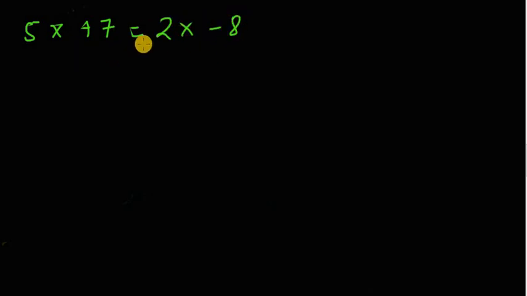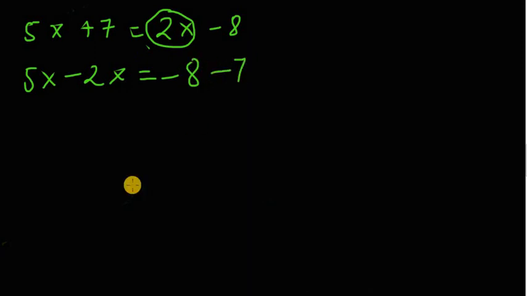So how can you solve this? Look at this, you have to shift this plus 2x to here because the x term should be shifted to here. So with 5x here, that is plus 2x, so you have to convert it into minus 2x. And here it is plus 7, you have to convert it into minus 7. So what is 5x minus 2x? That is 3x equal to, you have to add these two numbers, that is we get minus 15.